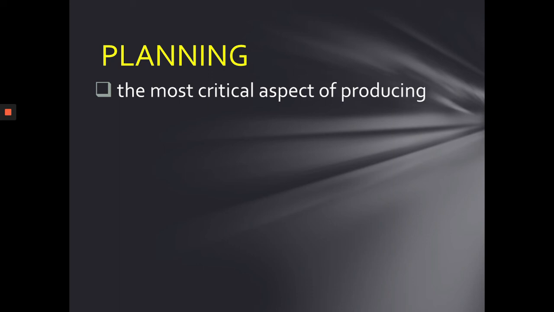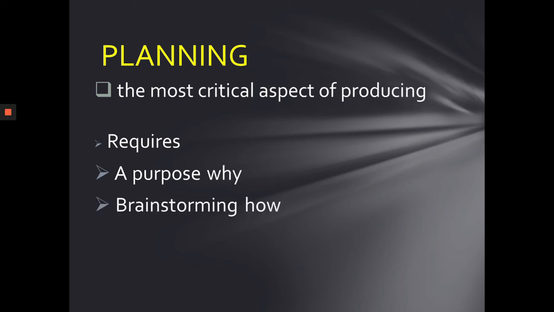Planning is the first and foremost activity to achieve the desired results. Planning requires a purpose for why it is needed to produce, brainstorming how to do it, and preparation of all the materials that are needed.